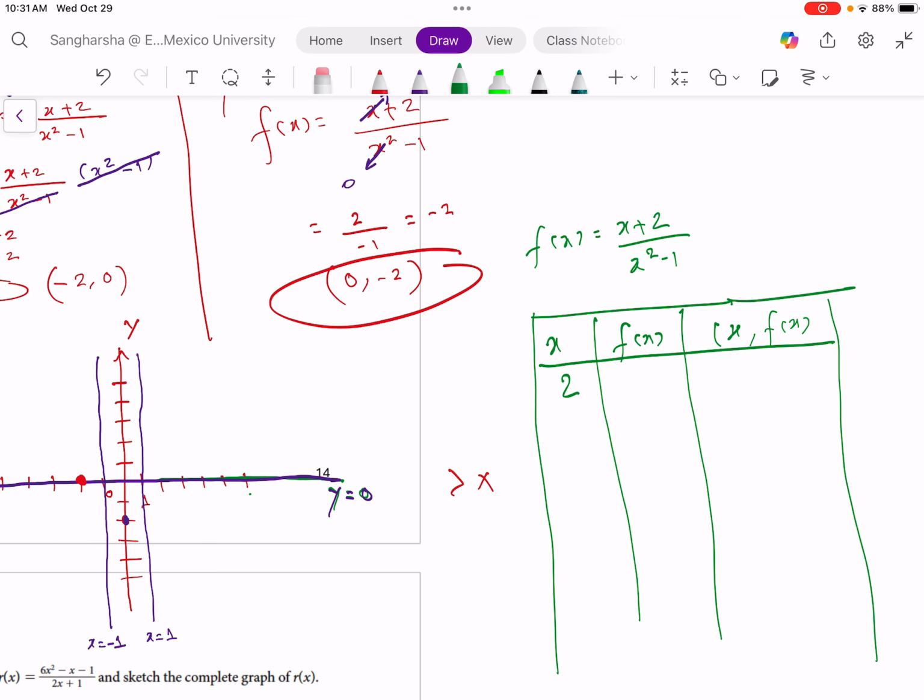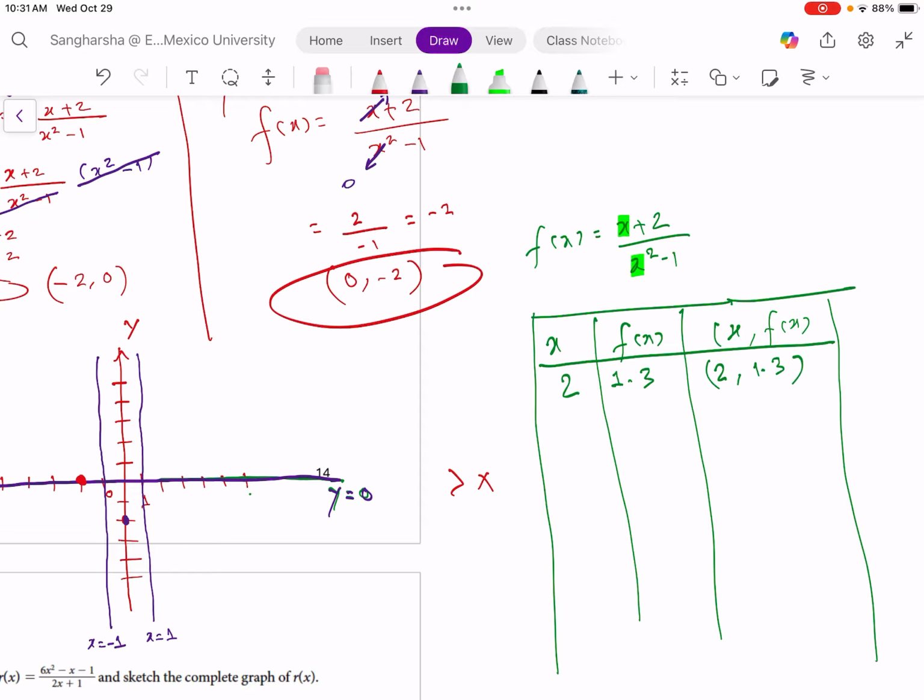We substitute 2 for every x in the function. So we have 2 plus 2 in the numerator, 4, divided by 2 squared minus 1, that is 4 minus 1, 3. So we have 4 divided by 3, which is 1.3. So we have (2, 1.3) as one point.